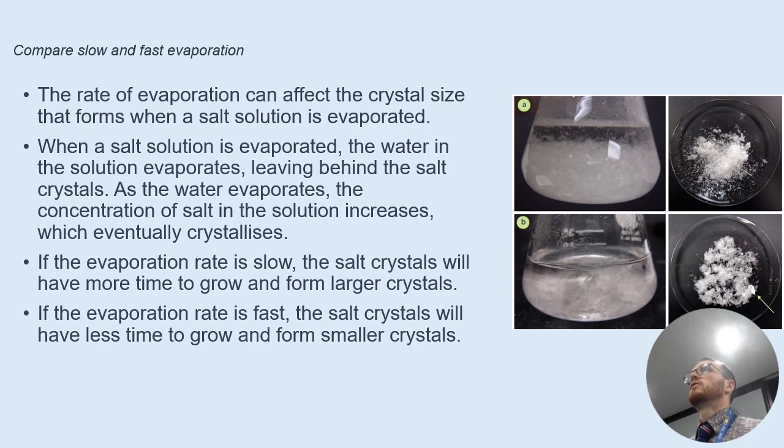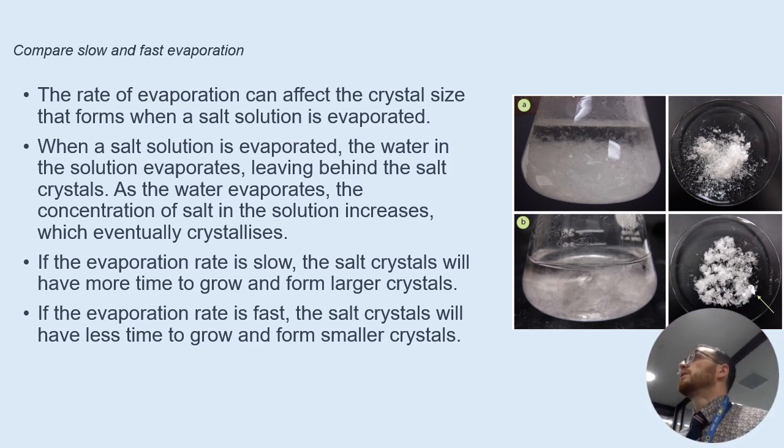There's an example to show you that. A would be a fast vaporization. B is a slow vaporization. We can see the difference in the crystal size. Depends what you want. If we're wanting to naturally produce some minerals or crystals, we may want them to be larger for appearance's sake.